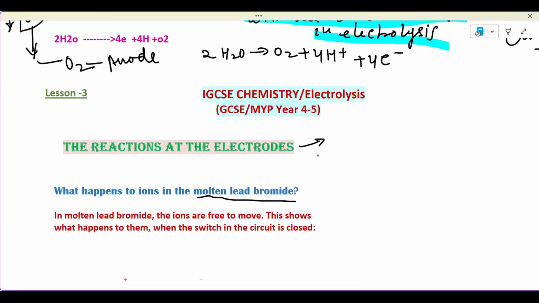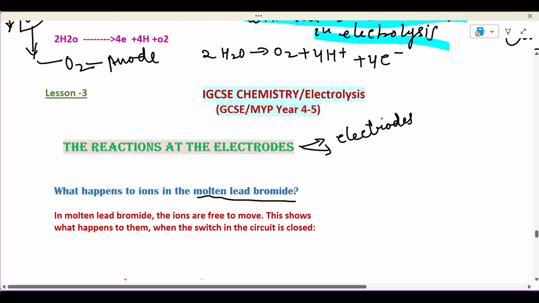So we are going to talk about the reactions occurring towards cathode or anode electrodes. Cathode and anode.